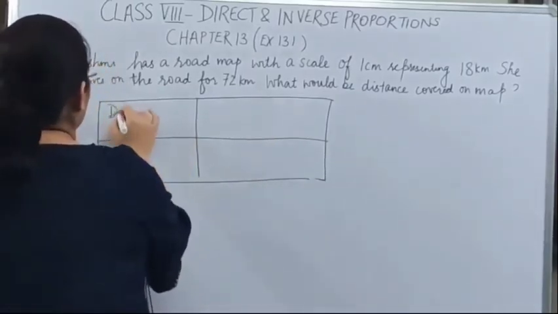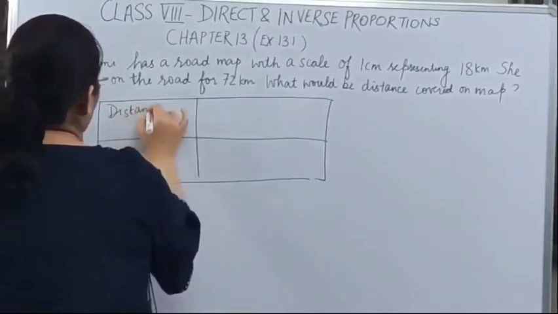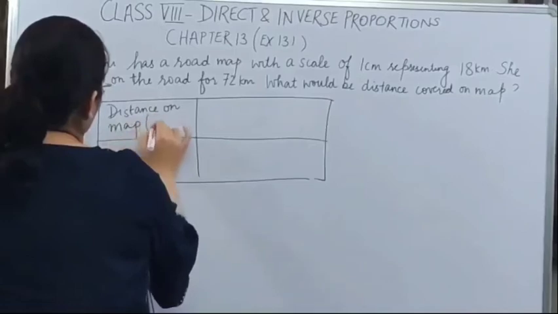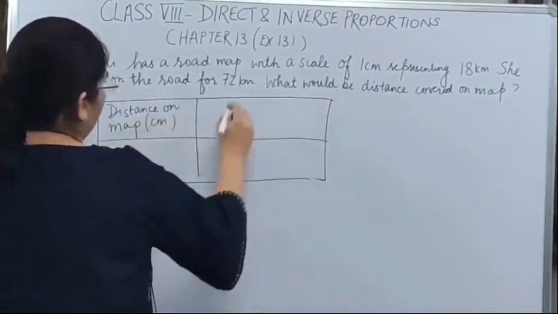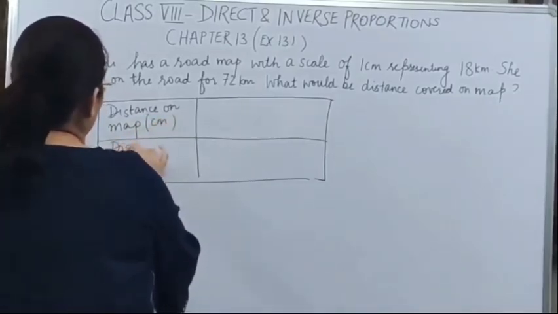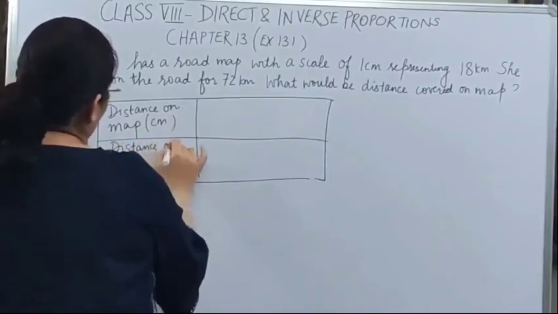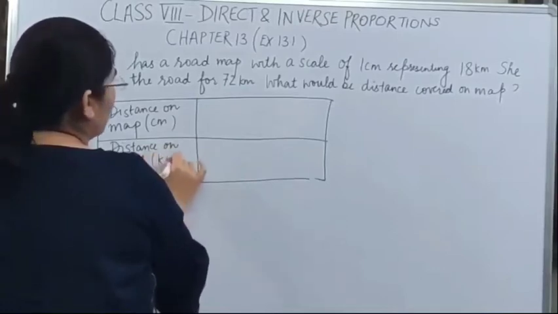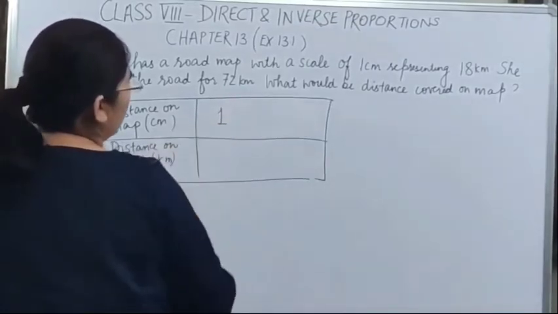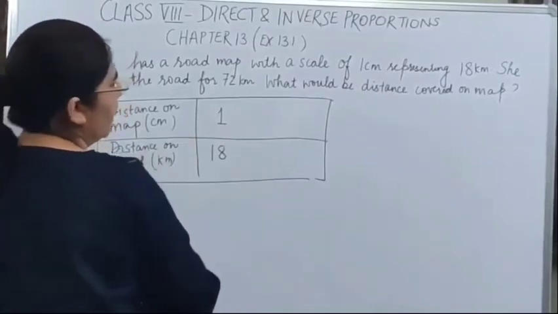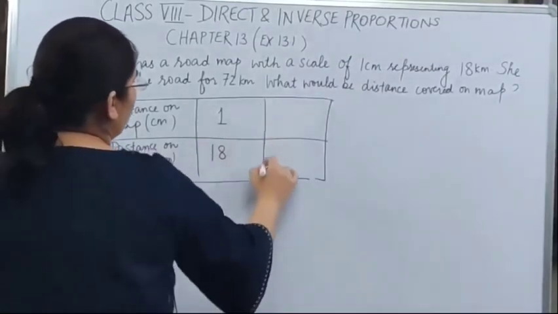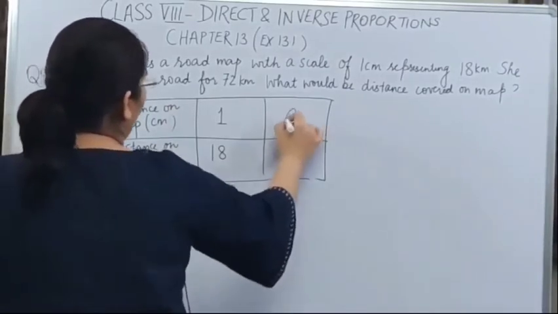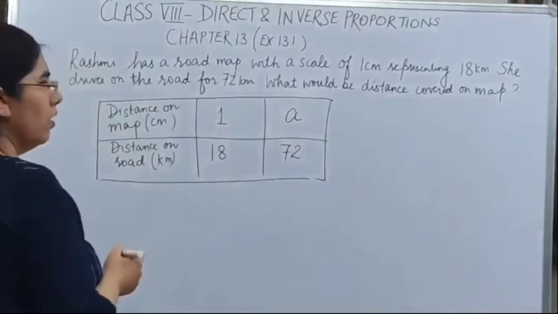So, distance on map in centimeter and distance on road in kilometers. So, 1 here is 18 kilometers on ground. Therefore, if you travel for 72 kilometers on the ground, how much will it be on the map?